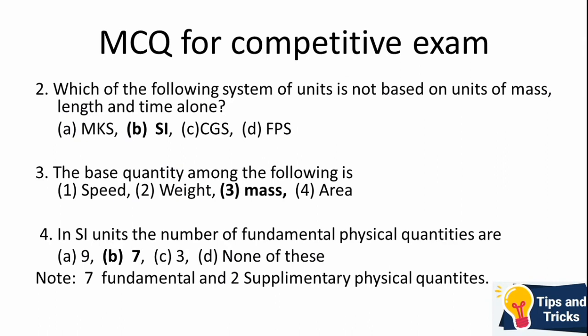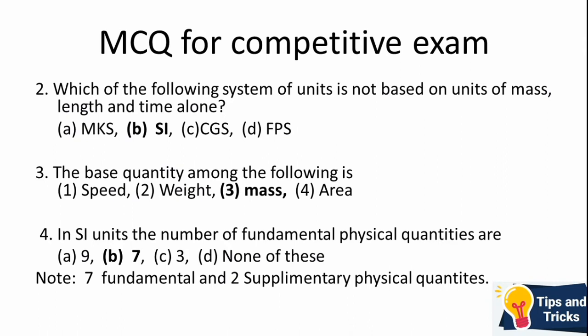The third question is: the base quantity among the following is. The options are option 1 speed, option 2 weight, option 3 mass and option 4 area. We know that speed is distance covered by time taken, a derived physical quantity.